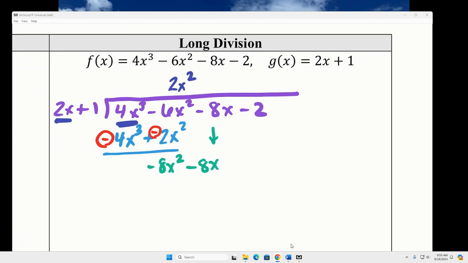All right, so when I do the division part, I only care about the 2x and the negative 8x squared. So you're going to ask yourself, what do you multiply 2x by to get negative 8x squared? Good. So that goes on the top of the box. And then we're going to multiply that negative 4x squared by this whole divisor.